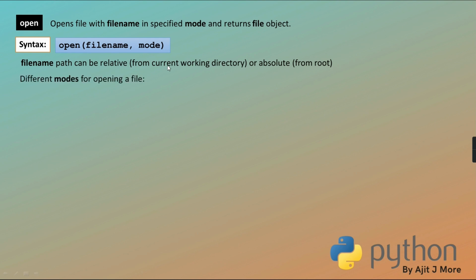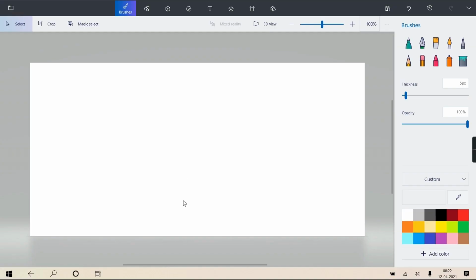Then what are different modes for opening the file? But if the file is successfully opened, this given file name is opened in the given mode successfully, it will return you one object of the class file. Getting or no? It returns a file object. Right? So what are the different modes for opening a file? Quickly I'll just explain first and then all the modes we'll see.